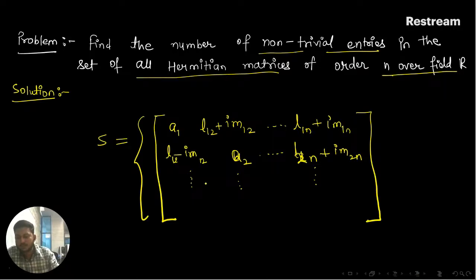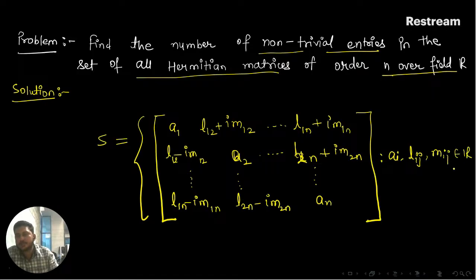So again we write like this, L1n minus iota M1n, and here is L21 minus iota M21, and here is A n type, okay, and take here the element like this, where A iota, L iota j, M iota j belong to R.